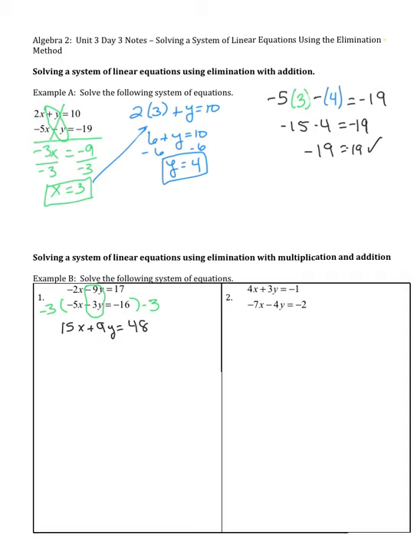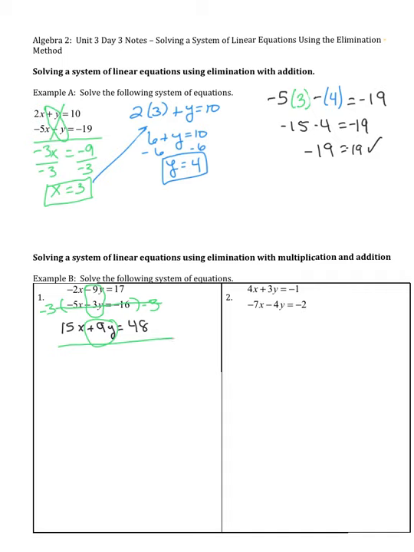I have taken this second equation and I have multiplied it so I can get rid of my y's. I can match my y's. That's what I did. So now, if you look, my y's now match. I have a positive 9y and a negative 9y.